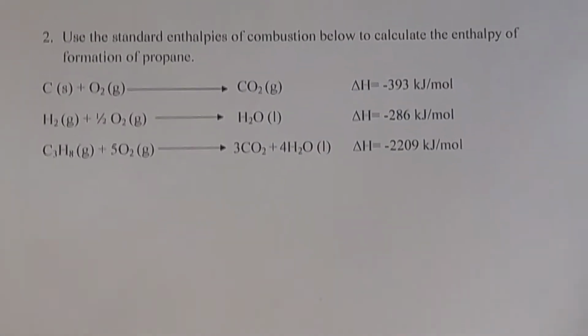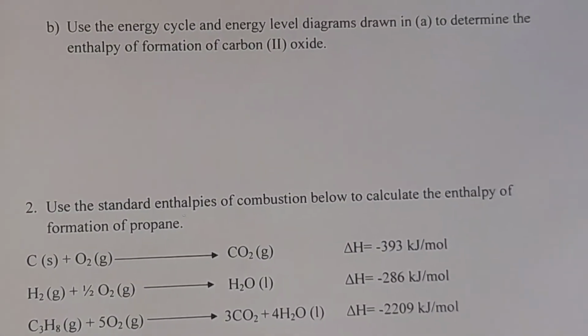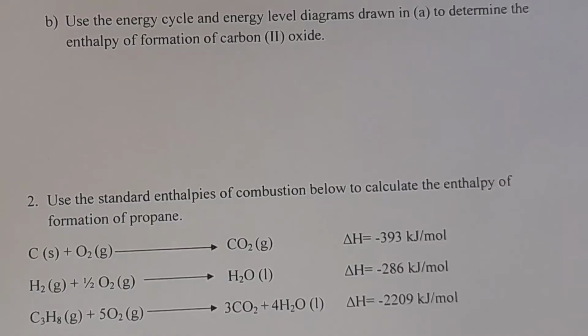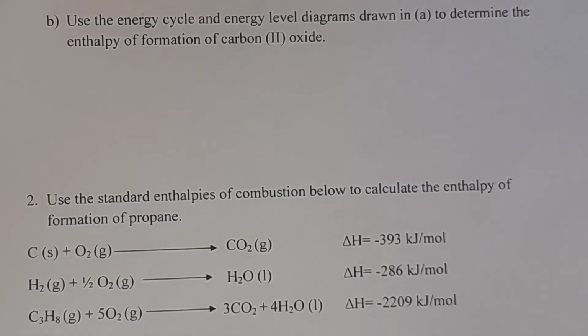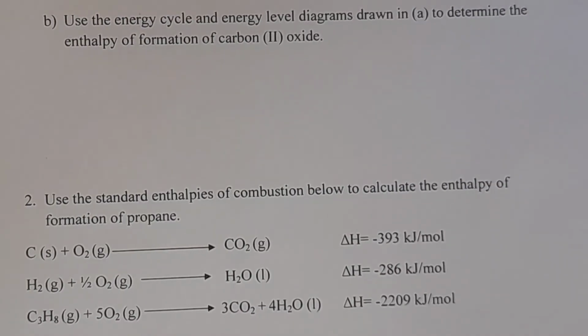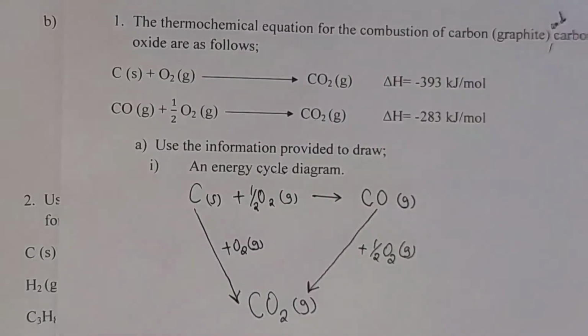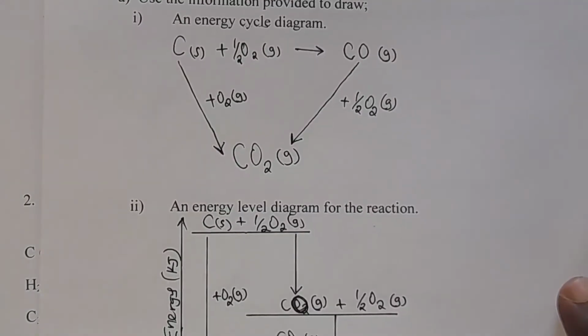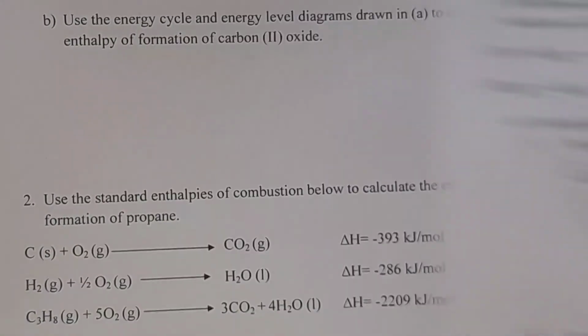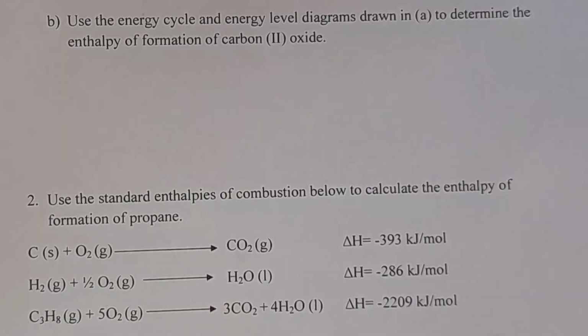Okay, but in part B of the question, we are told to use the energy cycle and energy level diagram drawn in A to determine the enthalpy of formation of carbon 2 oxide. So they want us to use these two diagrams and calculate the enthalpy of formation of carbon 2 oxide.